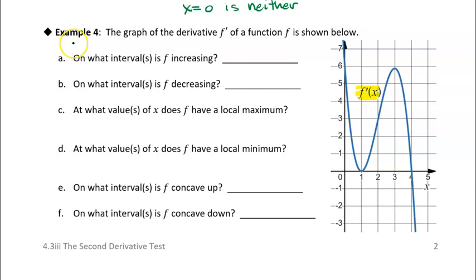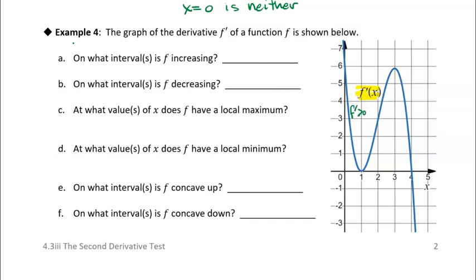So the first question is, on what intervals is f increasing? Now this is asking about f, not f prime. But when I look at this, the graph of the derivative is above the x-axis, so f prime is greater than 0.